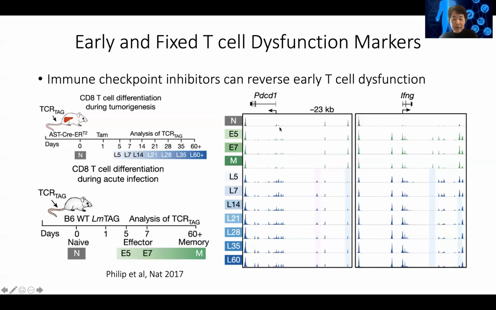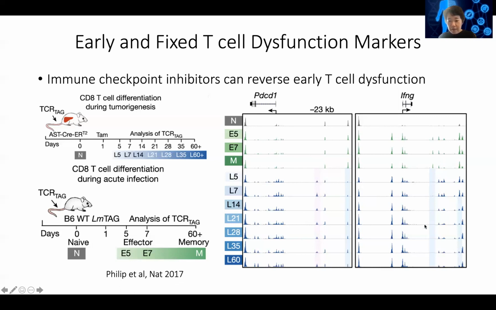And they can see some differences. For example, before the cell is activated, they don't produce interferon. And once you have the infection, the T cell becomes activated, it will secrete interferon. As we mentioned, it's one way for the T cells to kill the target cell. And so you can see the T cell expressing the interferon.